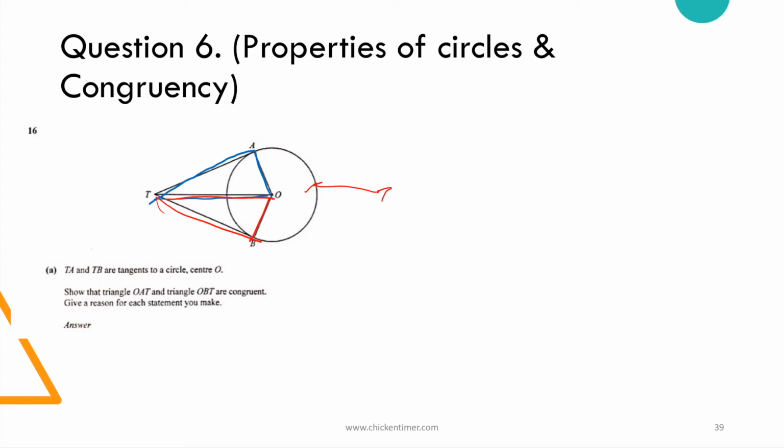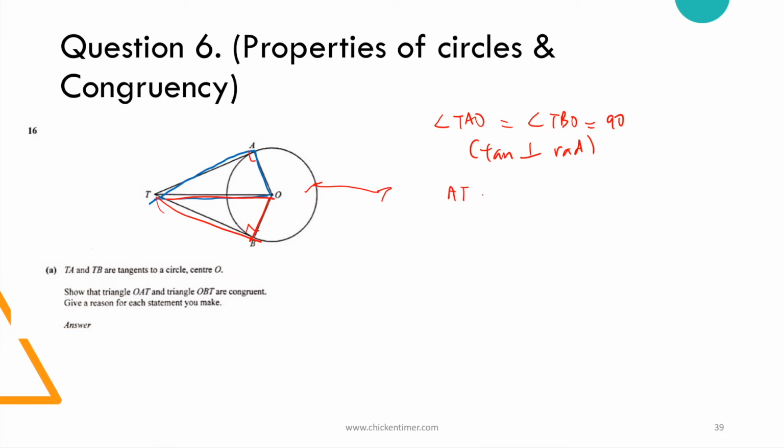So first, because these two are tangents, TAO and TBO is equals to 90 because tangent perpendicular to radius. So one down.